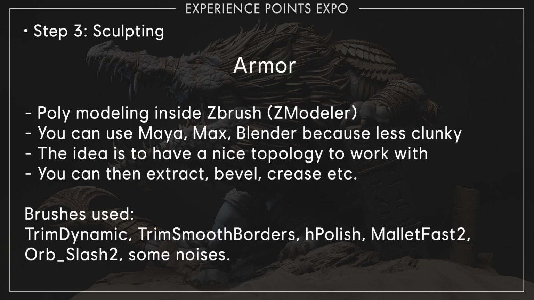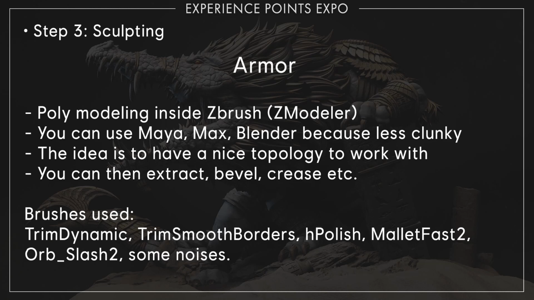Because let's be honest, ZBrush can be clunky sometimes, but it adds to its charm, you know. Basically use whatever is easier for you. The idea is to have clean topology with nice edge loops that you can extract, bevel, and crease when you need it to get the intended shape.